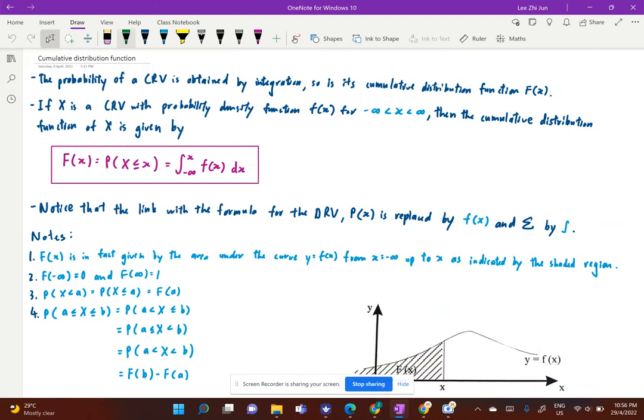Cumulative distribution function. The cumulative distribution function is obtained by integration.